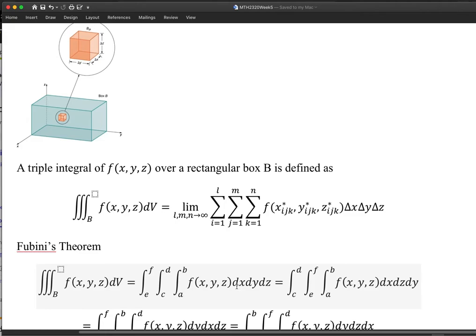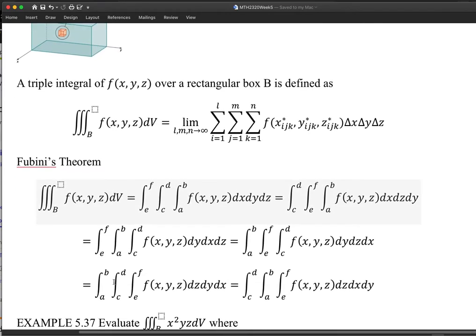The interesting thing you may want to know is that for a triple integral over a rectangular solid, there are 6 ways, because there are 6 different combinations of dx, dy, dz. So a triple integral can be evaluated in 6 ways.